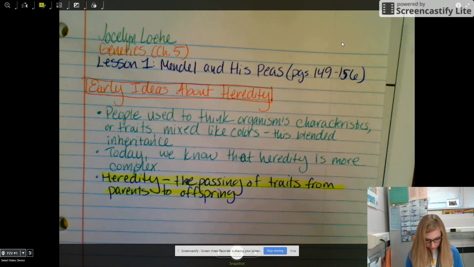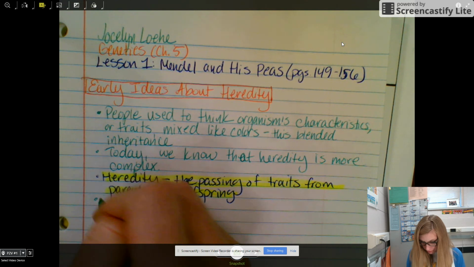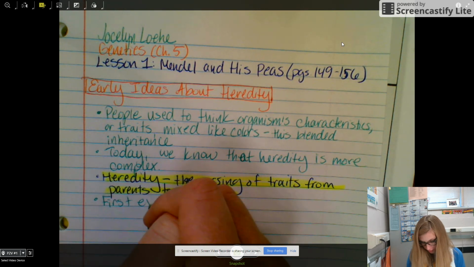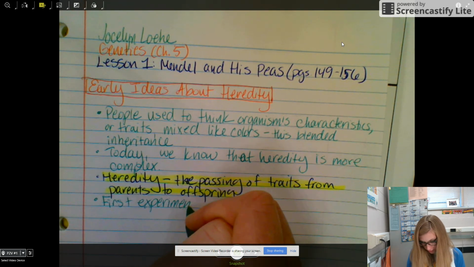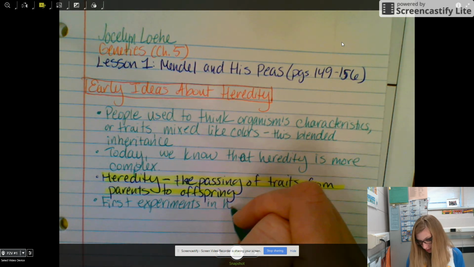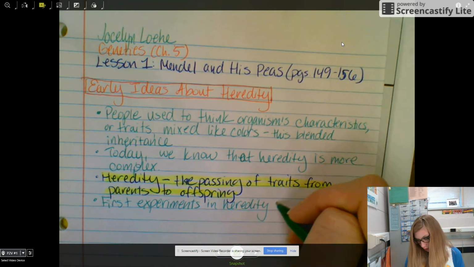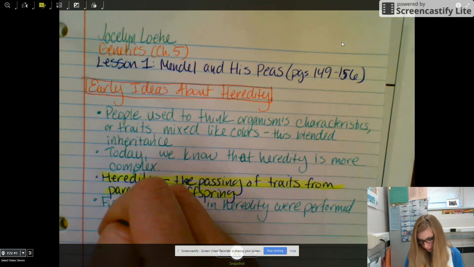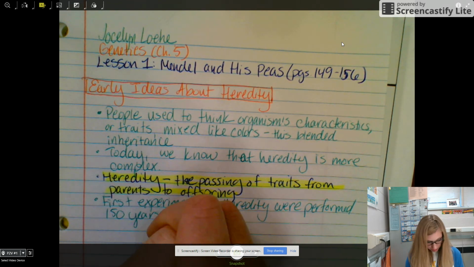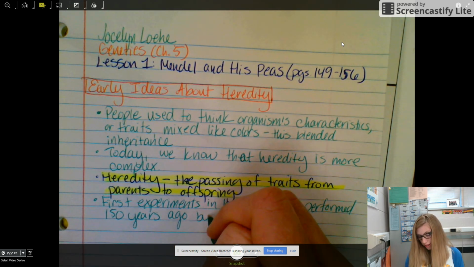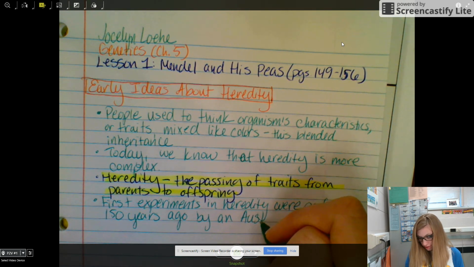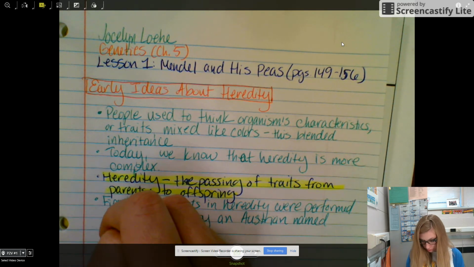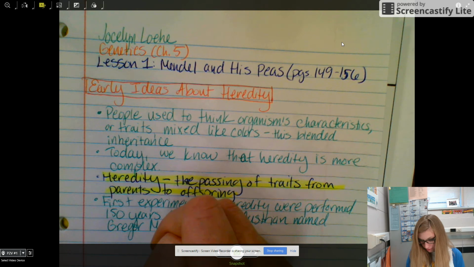And underneath that, I will put that the first experiments in heredity were performed 150 years ago by an Austrian monk named Gregor Mendel.